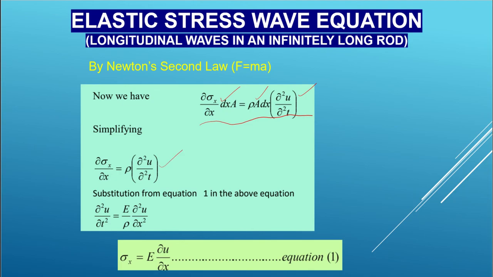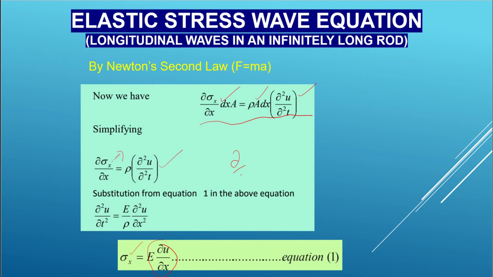And you know that sigma x equal to E into dou u by dou x. So here what they have done, they have taken sigma x and rewritten it in terms of E. That is, dou sigma x by dou x can be written as, since sigma x equal to E into dou u by dou x, this was substituted here for sigma x.